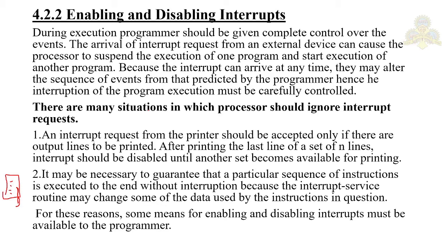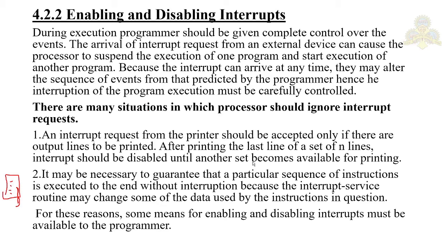If the printer does not have another 10 lines to be printed, the interrupt should be disabled. The printer should be given a chance only when it has lines to be printed. If it does not have that many lines to be printed, then the interrupt from the printer should be disabled.